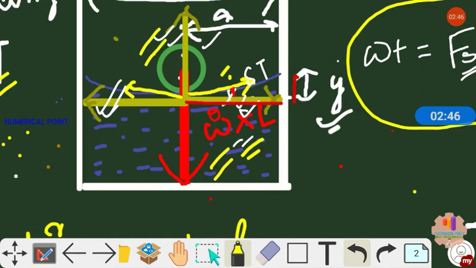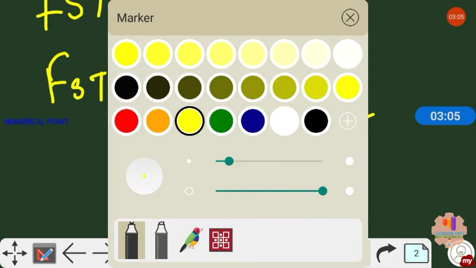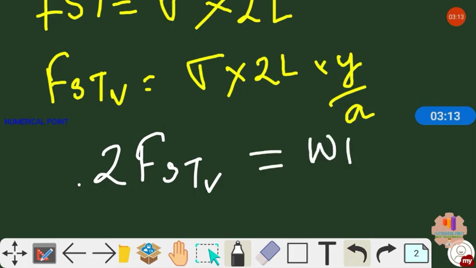But there are two surface tension forces, so we'd multiply by 2.